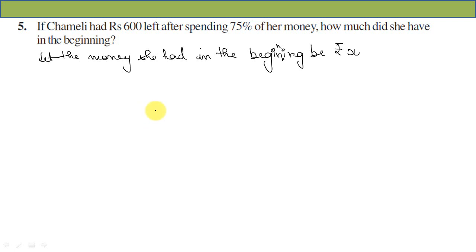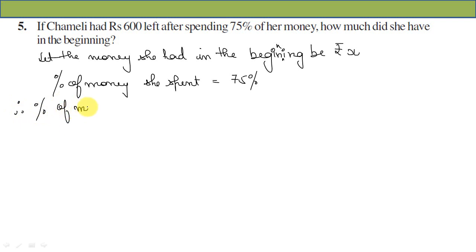So we will write down percentage of money she spent is equals to 75%, and therefore percentage of money she saved is equals to 100 minus 75%, which is 25%. तो उसने 25% मनी सेव किया.